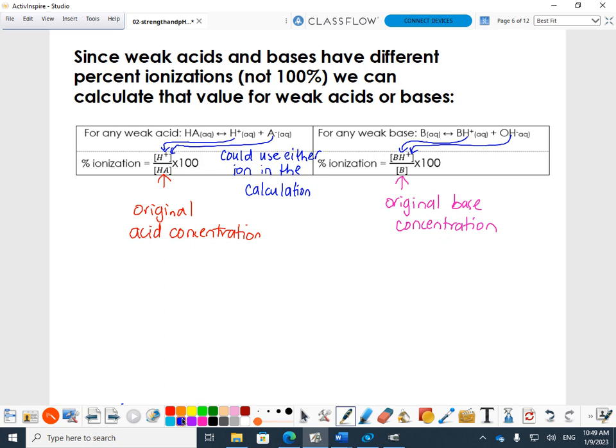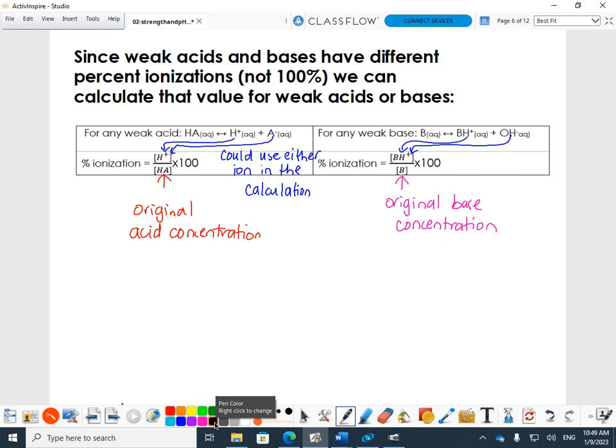When we get to tomorrow's lesson, which has a little bit more work, we have to do ICE as well, then being given the percent ionization is very helpful, because it's going to help us find values at equilibrium.